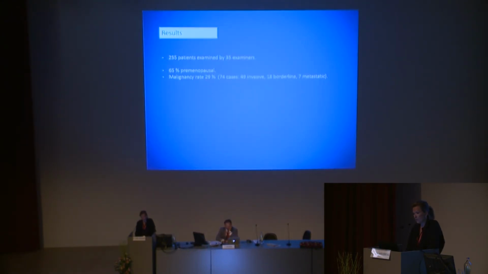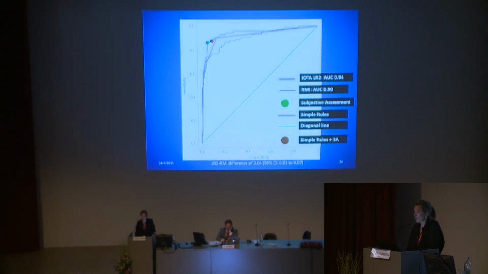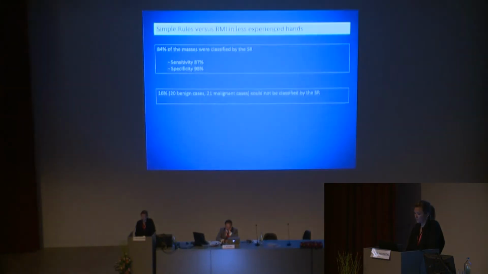So 255 patients were examined by 35 examiners, of which 65% were premenopausal, and the malignancy rate was 29%. And here you see the performance with the best performer being LR2 with an area under the curve of 0.94, and the RMI was worse with an area under the curve of 0.9.